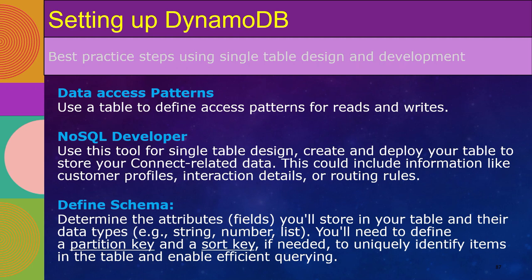This could include information like customer profiles, interaction details, routing rules. Now, one thing about NoSQL Developer is it comes with single table designs that are already examples, and you could see how did they create the primary key? How did they create the secondary key in an e-commerce and an order application?